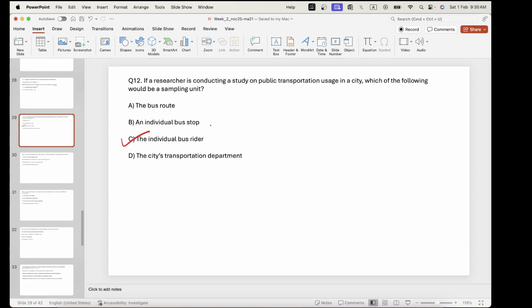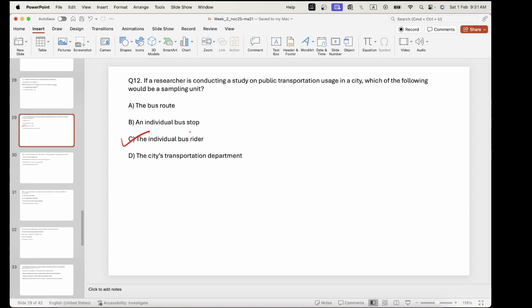Okay, not a bus stop. We are not getting any information on usage from any bus stop. We are not getting any information on usage if we have info on the bus route. Maybe it will supplement, but it directly does not have that variable and is not going to give us any estimate on public transportation usage.